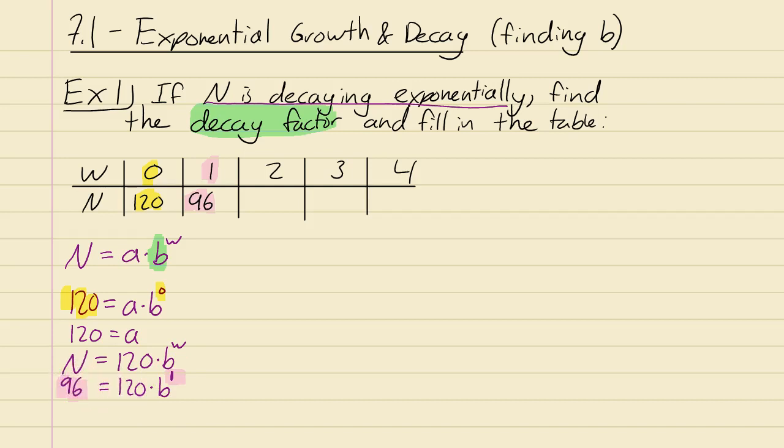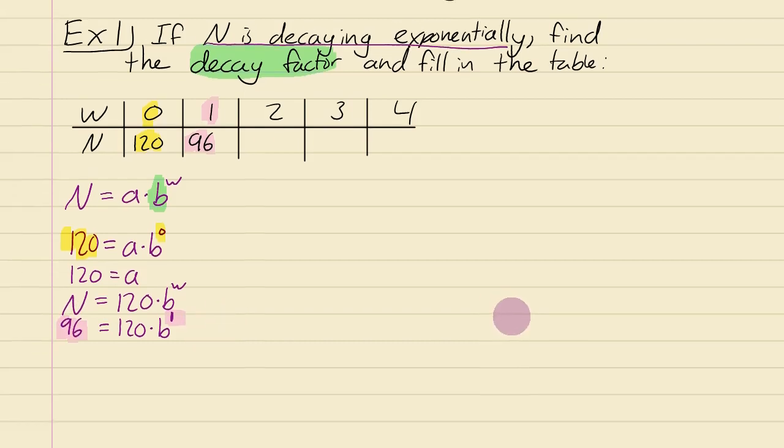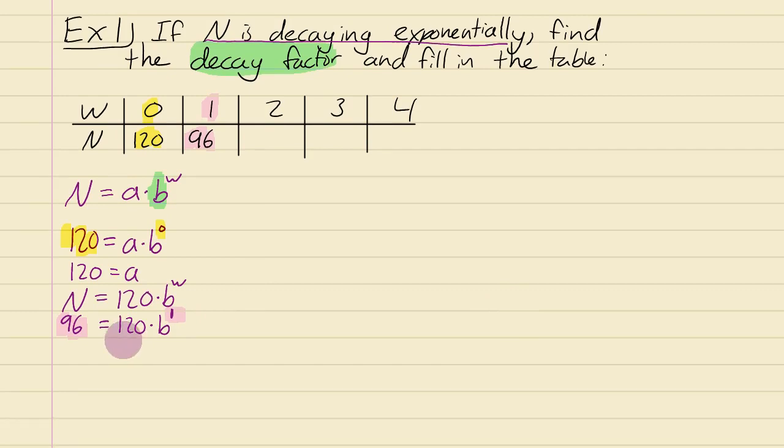This will help you find what b is. To get b, you can just divide both sides by 120. And that gives you 96 over 120, which comes out to 0.8 equals b.